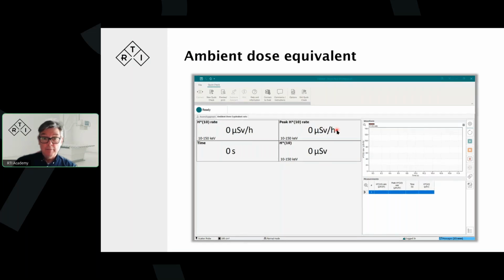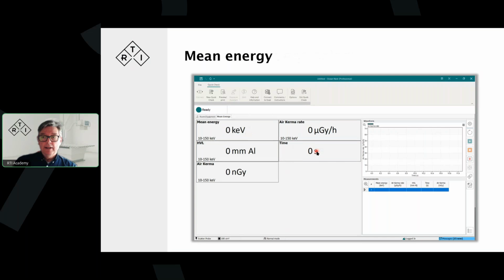Similar thing for the ambient dose equivalent. We've got the rate value here, the peak, and we've got the accumulated value at the bottom. Now we said the mean energy. This is then the mean energy mode. We'll get a value here, which is the keV. Important to remember that is not the acceleration voltage. That's not the set value we have on a machine.